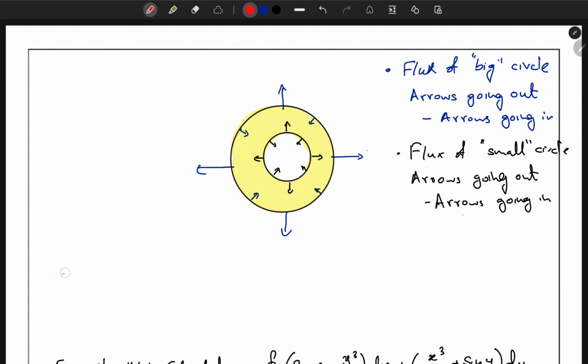Okay, so let's write flux of this annulus is arrows going out from the annulus minus arrows going in to the annulus.